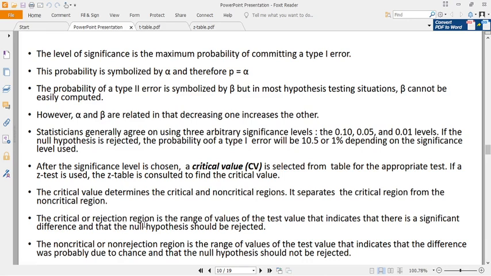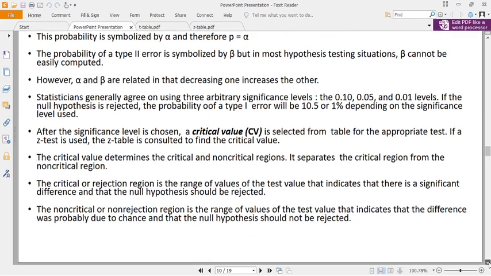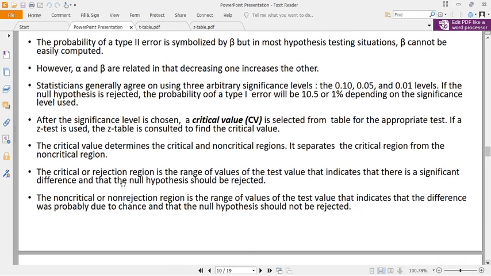The critical region is the rejection region for the null hypothesis. If you find a value lying in the critical region, then we reject the null hypothesis. The non-critical region is known as the non-rejection region of the null hypothesis.